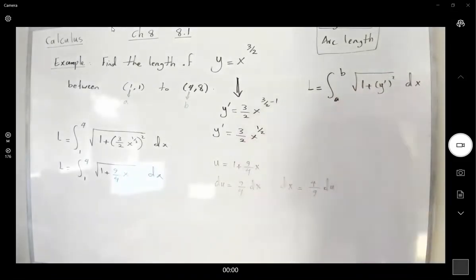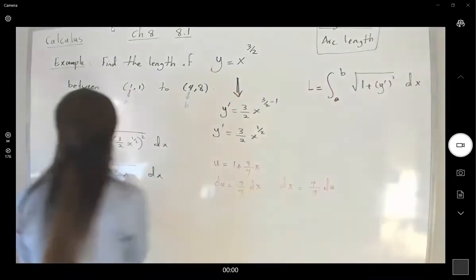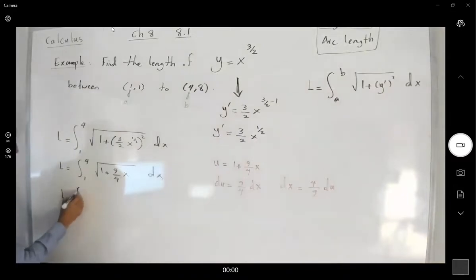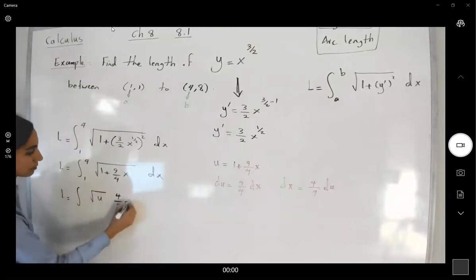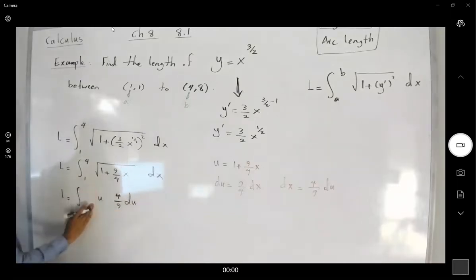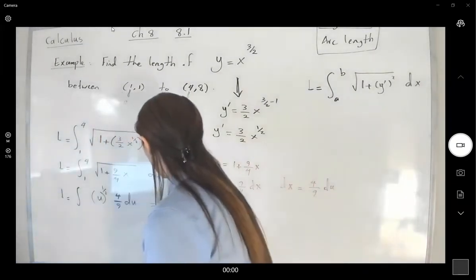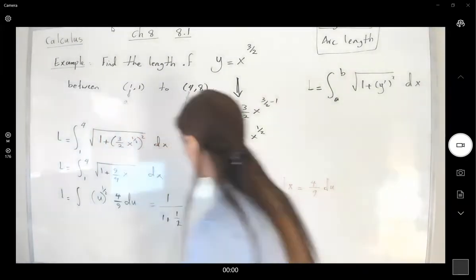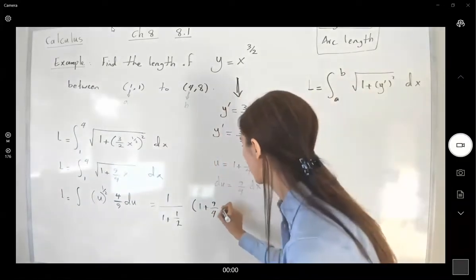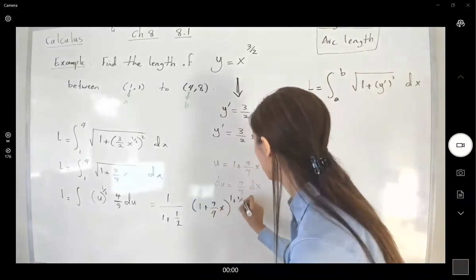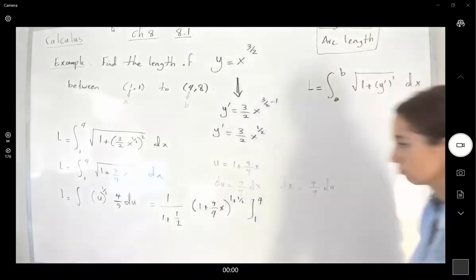To change this, so L is equal to the integral of the square root of u and 4 over 9 du. So this is u to the 1/2. This gives me 1 over 1 plus 1/2 u, which is 1 plus 9 over 4 x, to the 1 plus 1/2, and x ranges between 1 to 4.